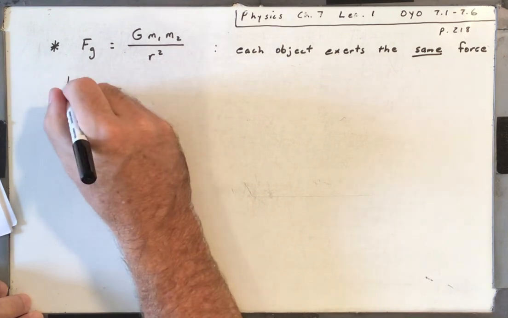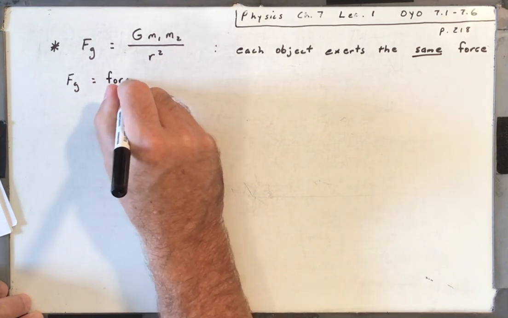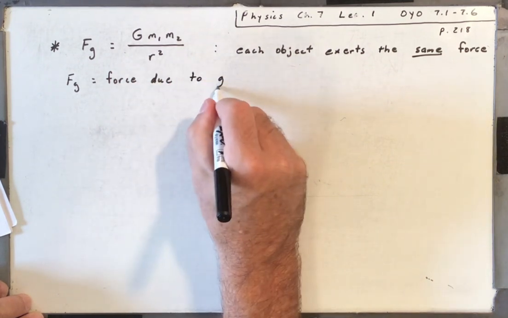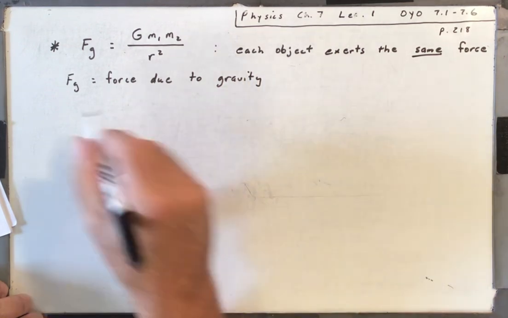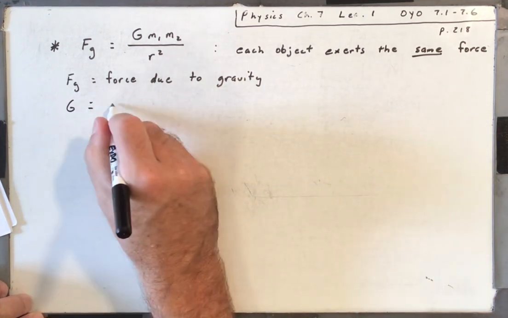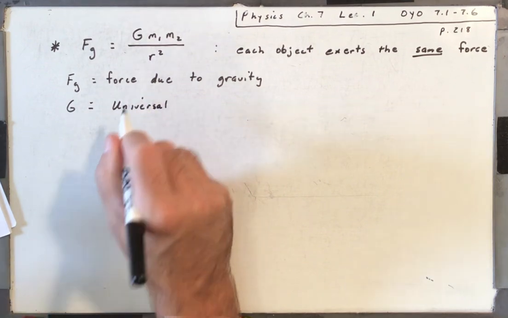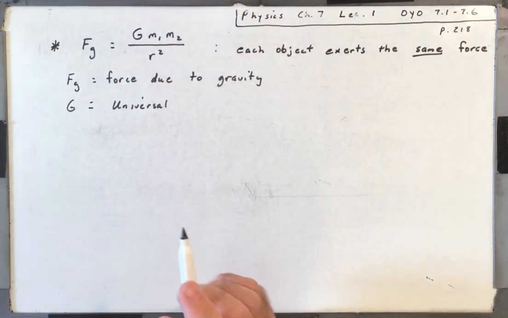So defining these, F sub g is the force due to gravity. G is the universal gravitation constant, so you'll write all this in that space in your notes right here.